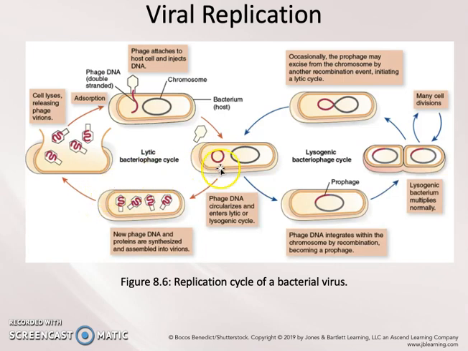There is also an alternative lysogenic cycle. The lysogenic cycle is when the bacteriophage enters the E. coli cell and the DNA of that bacteriophage becomes incorporated, or becomes a permanent part of the E. coli cell's chromosome.